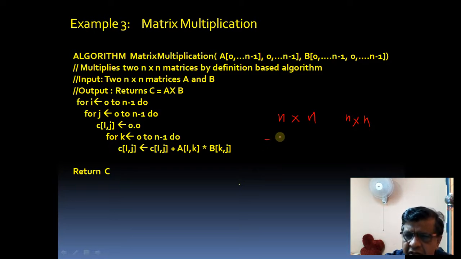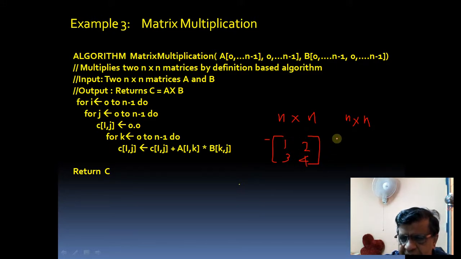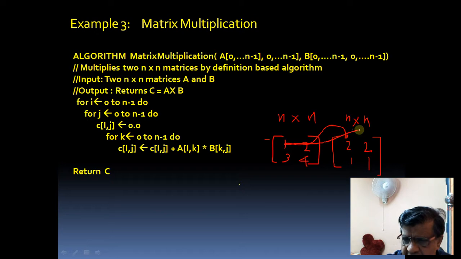Let us take a very simple example of a 2 by 2 matrix. This is 1, 2, 3, 4, and this is, let us say, 2, 2, 1, 1. When you multiply, the first row gets multiplied by the first column, and the first row is once again multiplied by the second column, and the way in which the elements are generated is something like this.